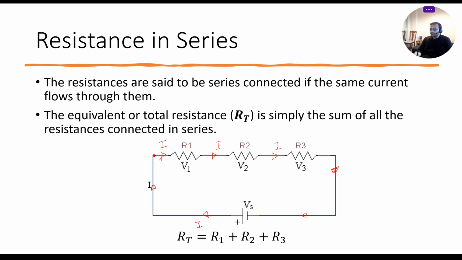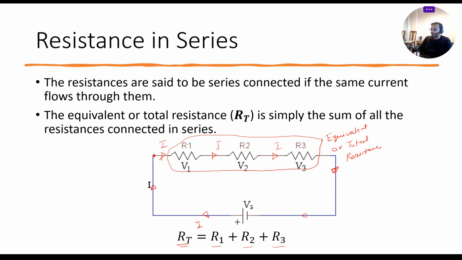Now, what we can do is combine these three resistances and find the equivalent or total resistance, RT. The value of RT, the equivalent resistance, will be simply R1 plus R2 plus R3, that is the sum of all the resistances connected in series.